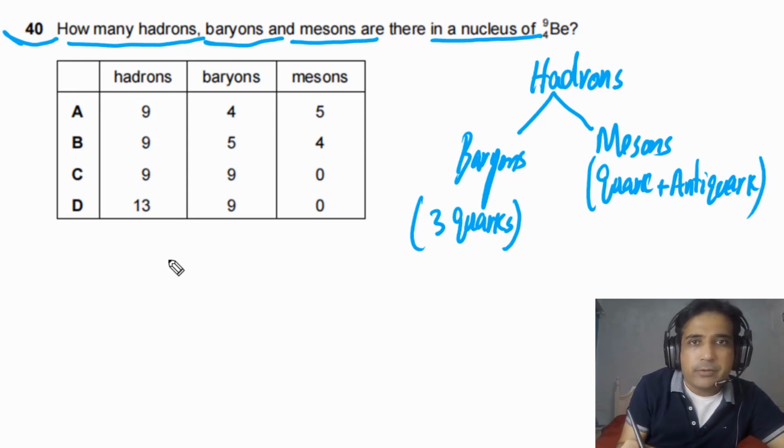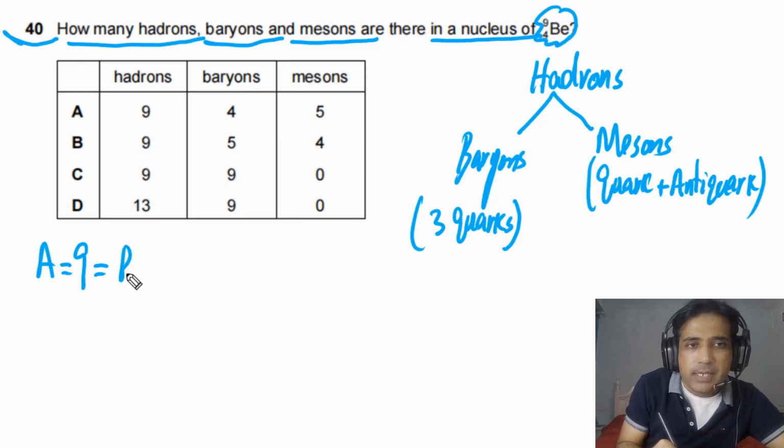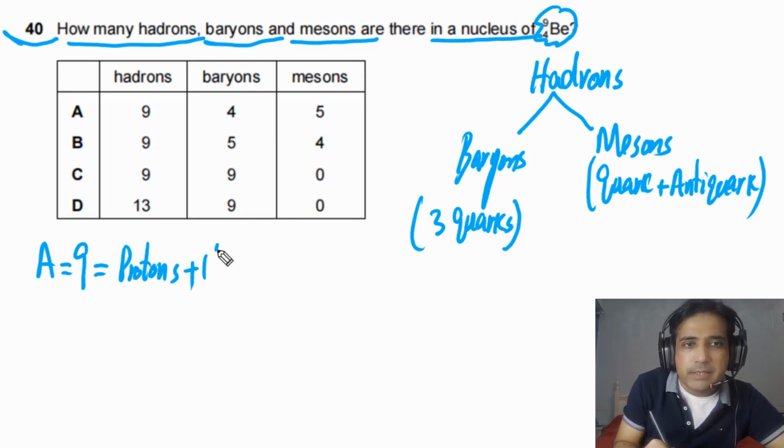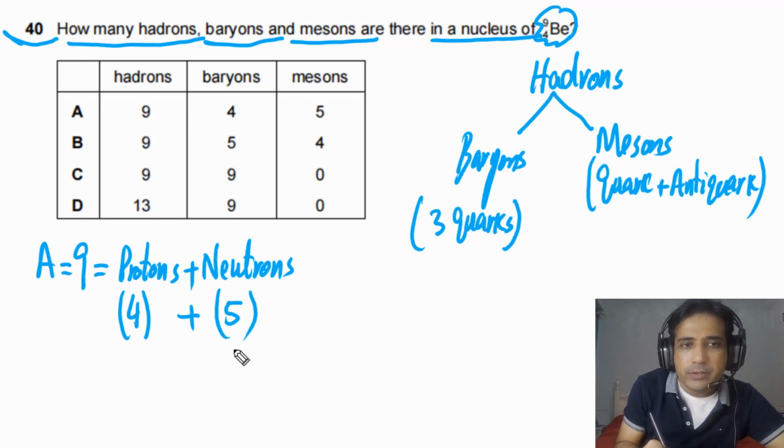Now if you look at this nucleus, the mass number is equal to 9. It simply means that this is equal to the sum of protons plus neutrons. This nucleus consists of 4 protons and 5 neutrons.